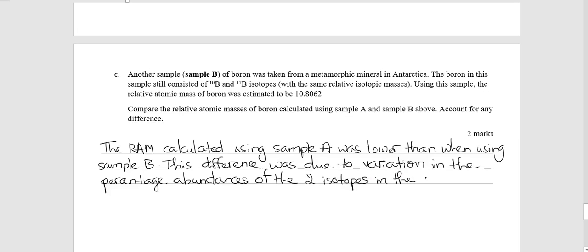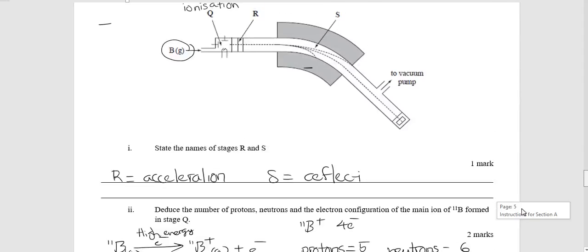So with two different locations, you can have variation in the percentage abundances of the isotopes. One mark for making the comparison and one mark for pointing out that you can potentially have variations in percentage abundances. And that is it for this practice SAC.